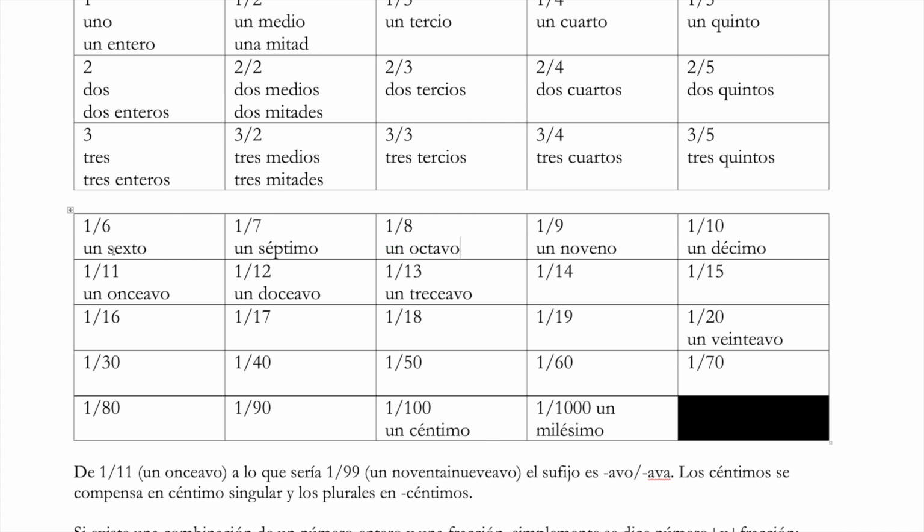So we have un sexto, un séptimo, un octavo, un noveno, un décimo, un onceavo, un doceavo, and it's here on the fourth where many Spanish speakers make a mistake, because these are similar, like I said, to 6th place, 7th place, 8th, so they'll assume they're the same for 11th.